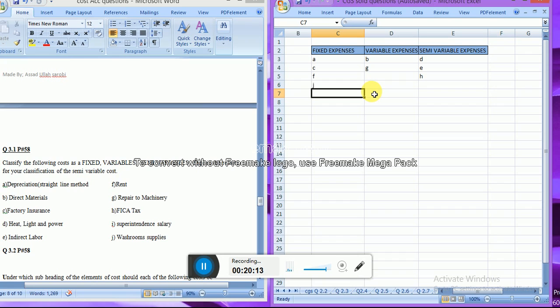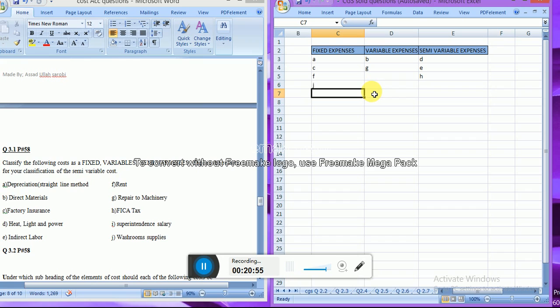J part, washroom supplies. Like commode, sink, pipe, mirror, these are the washroom supplies. So the cost of these washroom supplies is either fixed cost, variable cost, or semi-variable cost. What do you think? Look at, washroom supplies cost is variable cost. Why?